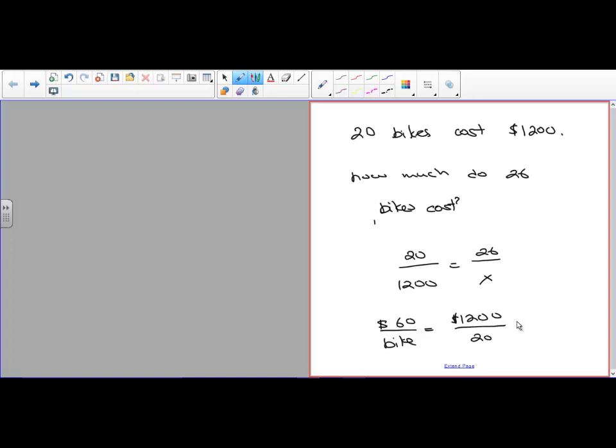So what this does is give you a cost per bike, which if you do that, you'll get $60 per bike, $600 for 10 bikes, $1,200 for 20, and then you can multiply 60 times 26. But ultimately, that's what you do if you cross multiply. You're going to end up with 1,200 over 20 times 26, and that'll give you the answer as well.